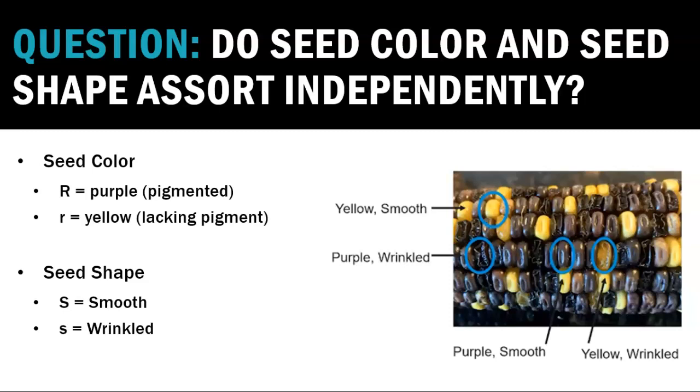Lowercase s is for wrinkled seeds, which means it is a recessive trait. Off to the side, you're going to see different types: yellow and smooth versus purple and wrinkled versus purple and smooth and yellow and wrinkled. That way you know what I'm talking about in just a second.